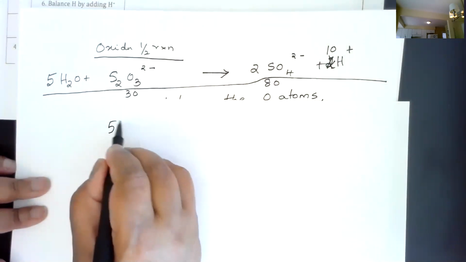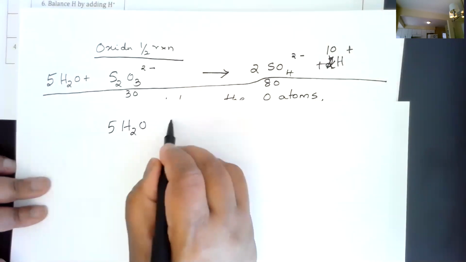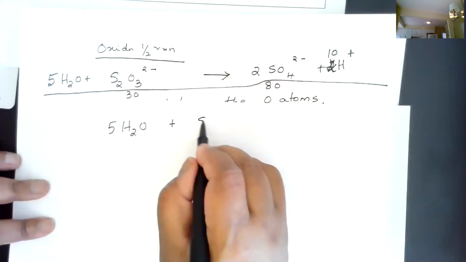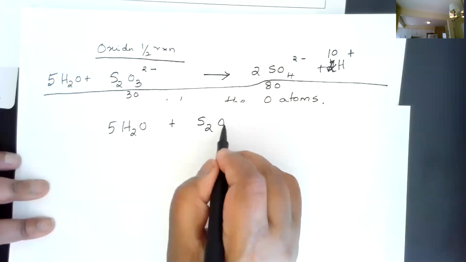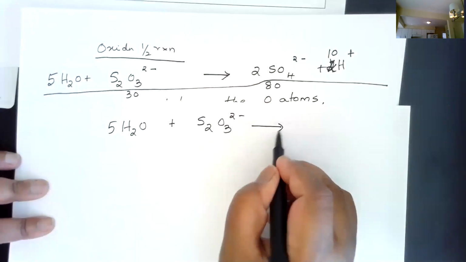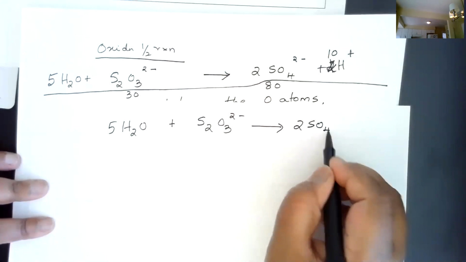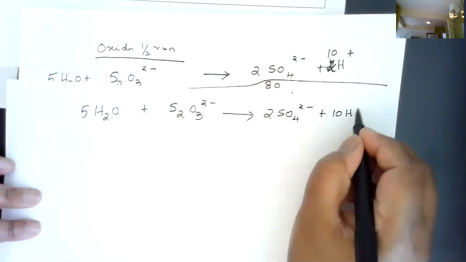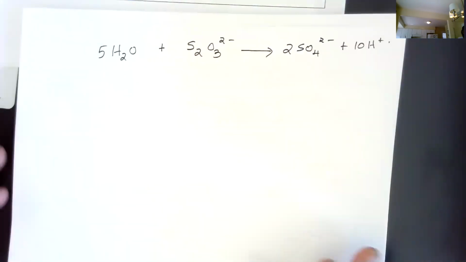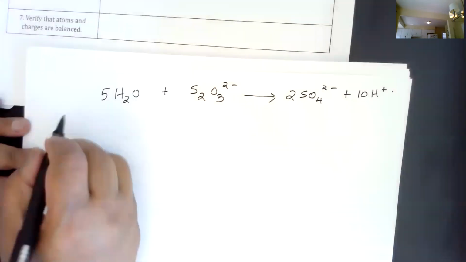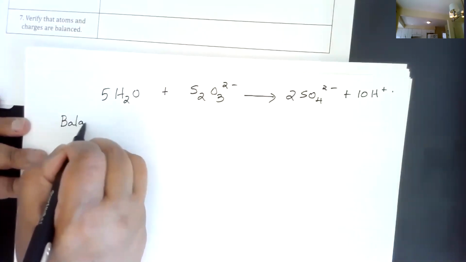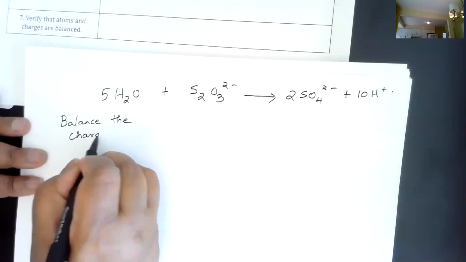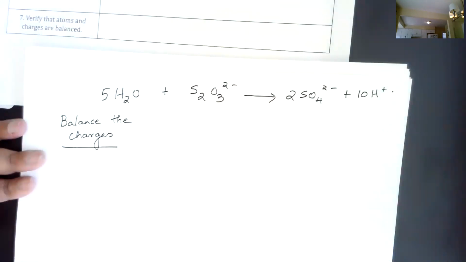Now is when we look at charges. I'm going to rewrite this. That's all I'm doing. Now balance the charges, because we need to know how many electrons are transferred.